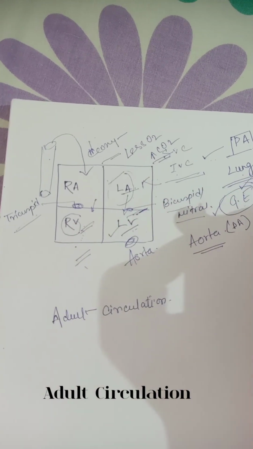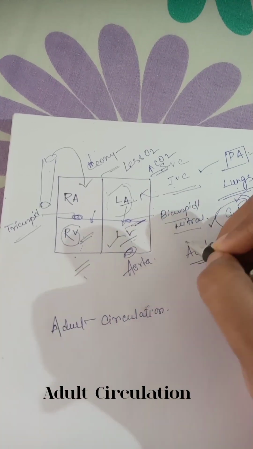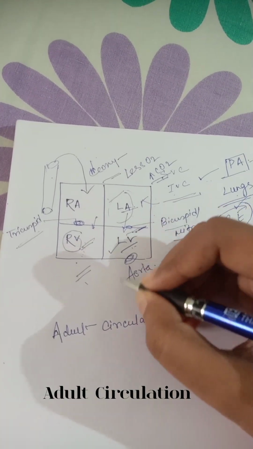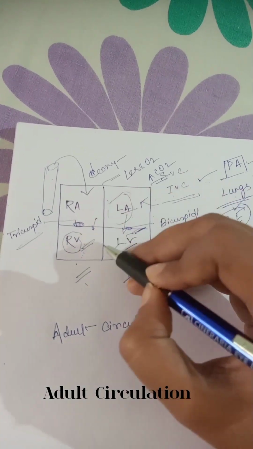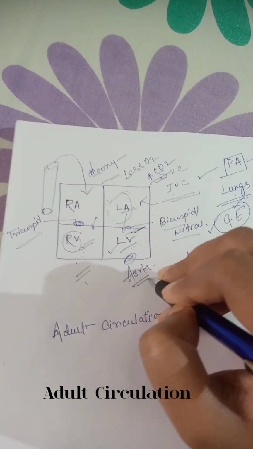There are different parts of the aorta: arch of aorta, ascending aorta, descending aorta. The oxygenated blood will flow all over the body with the help of the aorta.